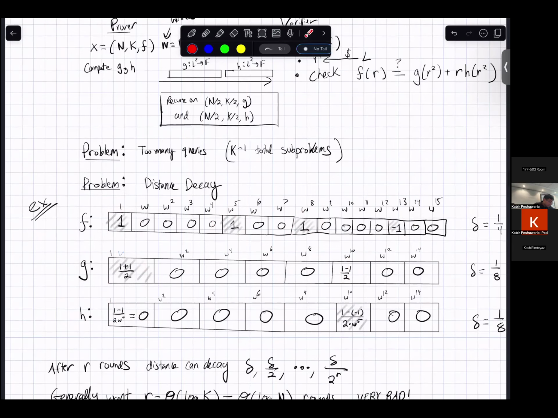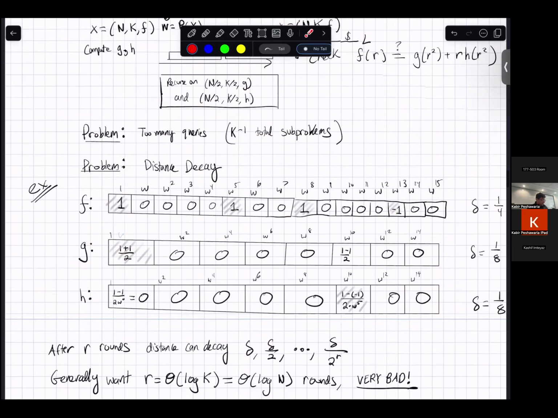So my original function F had a relative distance of 1/4, 4 out of 16 positions corrupted. But my two subproblems have relative distance 1/8, 1 out of 8 positions corrupted.